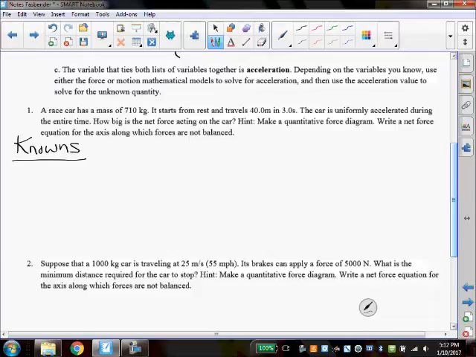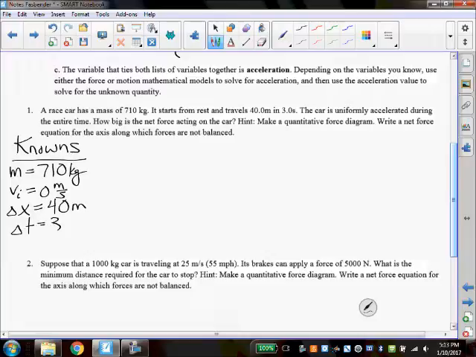Well, the first thing we're going to do before we take on that hint is write out the knowns. So our mass is 710 kilograms. We're starting at rest, so our initial velocity is 0 meters per second. We travel 40 meters, so delta x is 40, and we do it in 3 seconds.